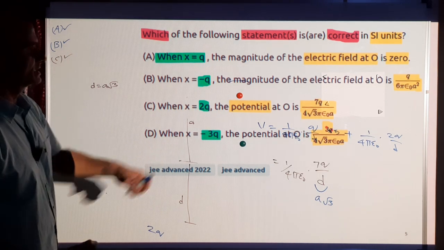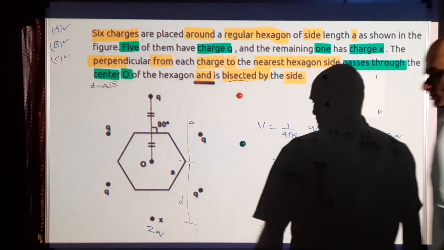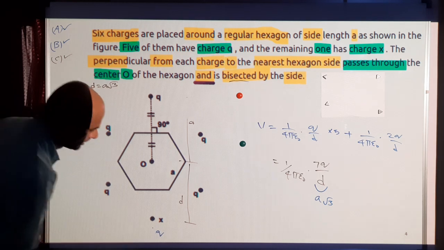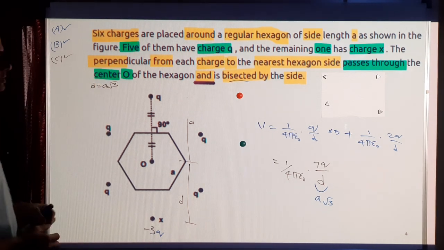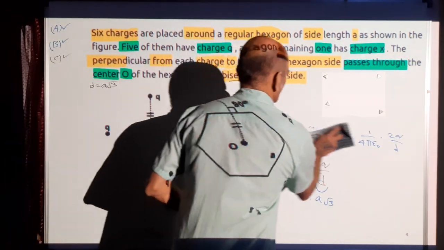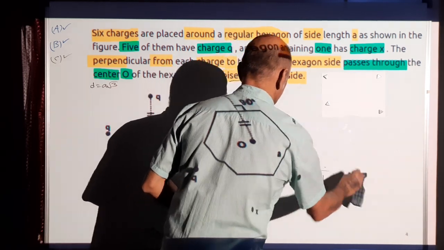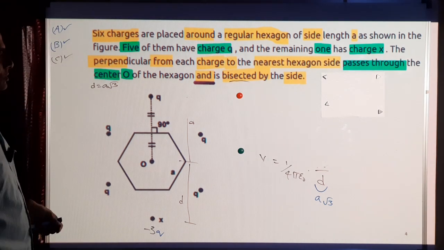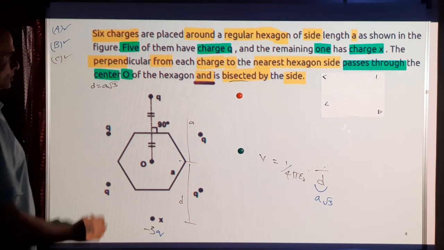Option D, X is minus 3Q. So in this case, for the total charge, potential V is 1 by 4 pi epsilon naught Q by distance. Distance is the same for all the charges, so it will be the total charge.